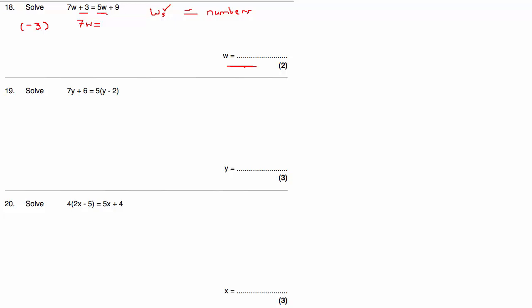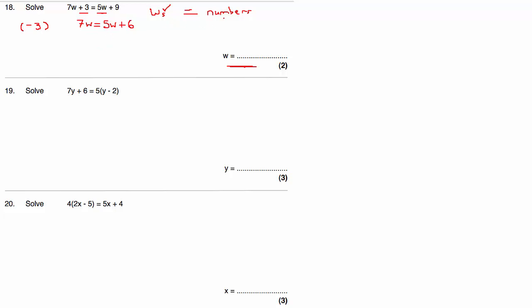It's an equation. It has to remain equal. So we now need to take 3 off the right-hand side to keep it equal. So 5W plus 9 becomes 5W plus 6 if we take 3 off the 9. Okay, so that's where we get to after we've took 3 off both sides.